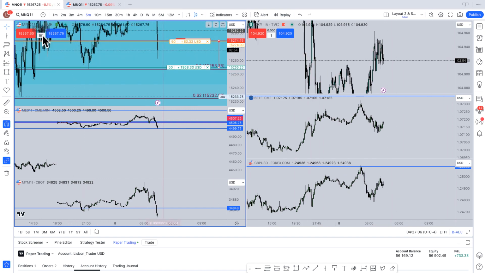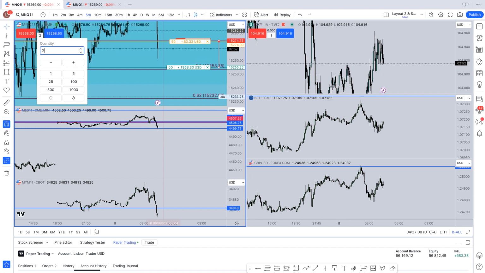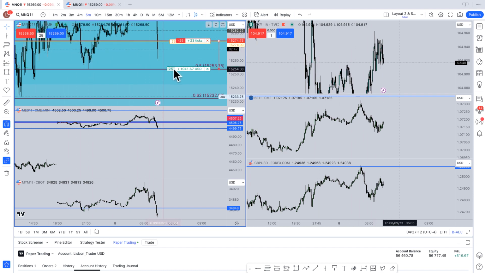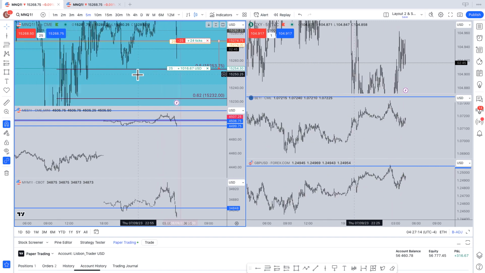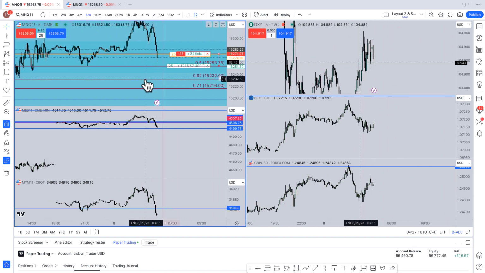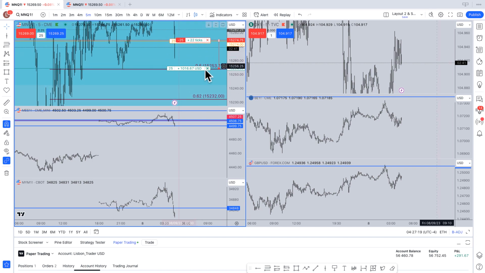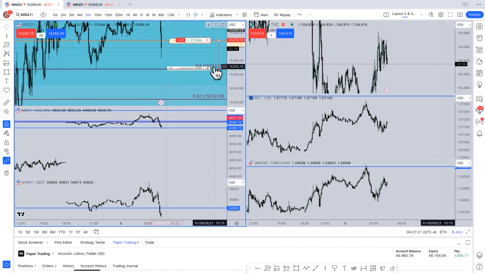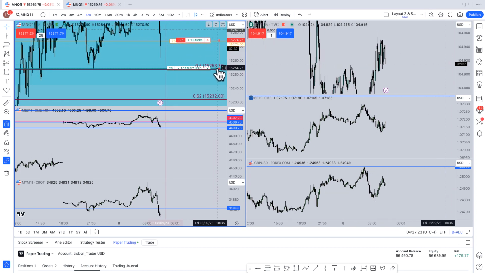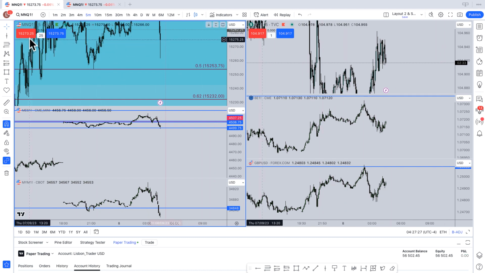This is at break even. So let's remove a little bit more. If it does return, we'll just see if it wants to go down there to the 50%, 15,253, and 3/4. Okay, now let's push it down.